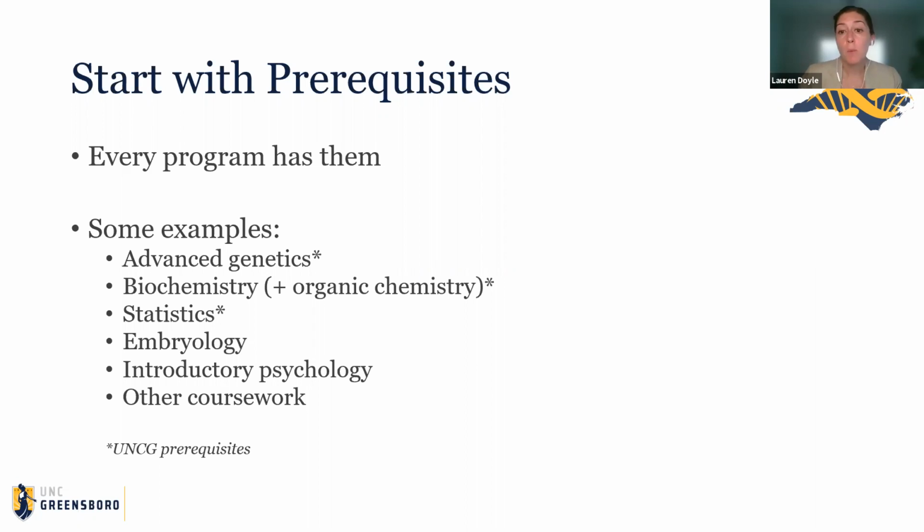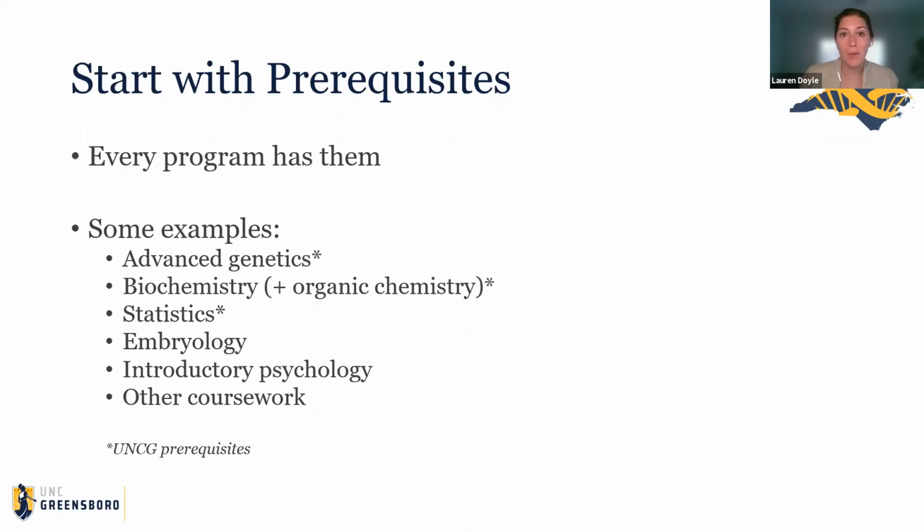One thing that comes up somewhat regularly is survey courses. Some programs accept survey courses and other programs don't. And some might even land somewhere in the middle and say, we'll accept it on a case-by-case basis. If you are reviewing prerequisites for a program and have a question about whether or not your coursework fits into that prerequisite for the program, ask.